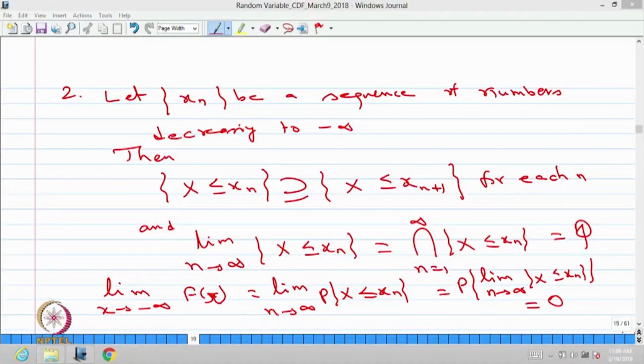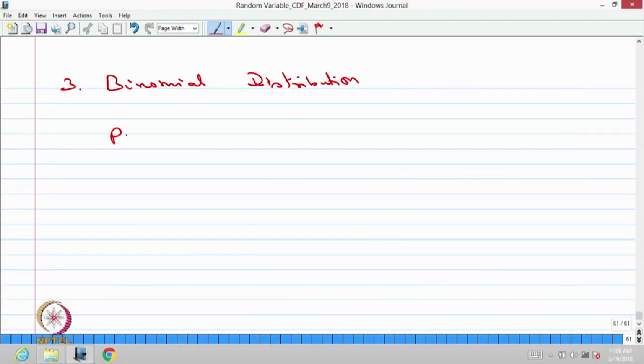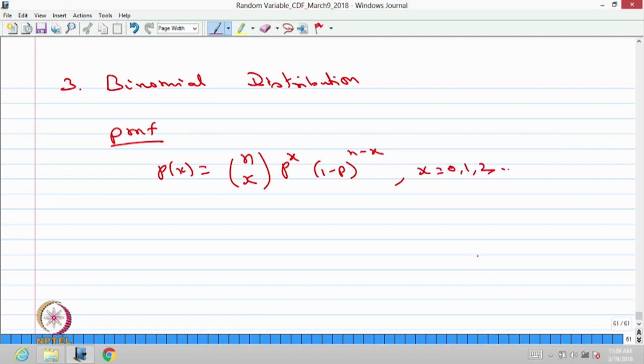Whenever a discrete type random variable has a probability mass function of the form p of x equal to n c x p power x, 1 minus p power n minus x, when x takes a value 0, 1, 2 and so on till n, otherwise it is 0, then we say the random variable is a binomial distributed random variable.